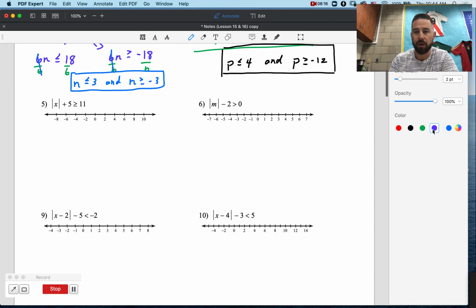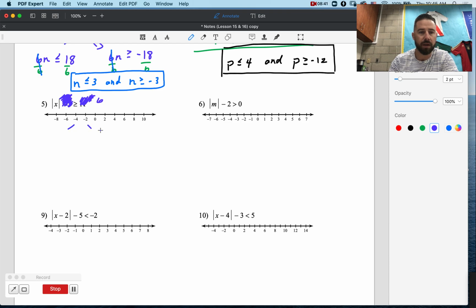So remember, we can't split this up into two unless we first get the absolute value by itself. So let's subtract 5 and subtract 5. And what's 11 minus 5? 6. So I'll get rid of this and put a 6 here.